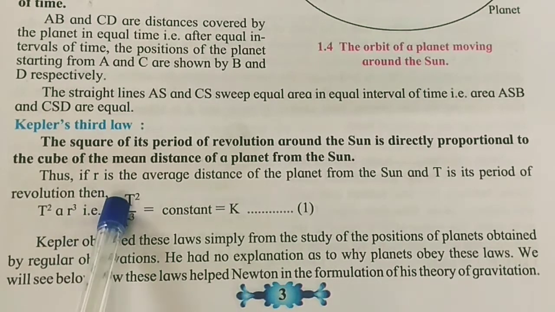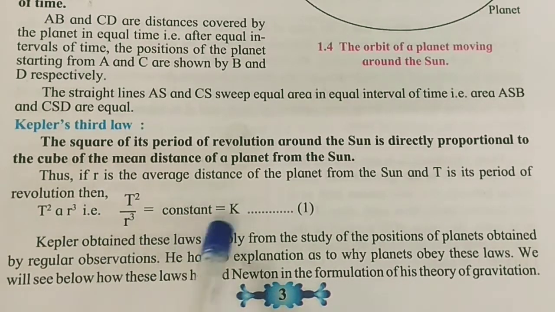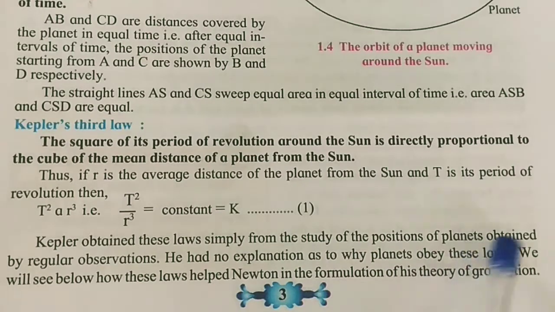That is, T square upon r cube is equal to a constant k. So Kepler obtained these laws simply from the study of the positions of planets obtained by regular observations. He had no explanation as to why planets obey these laws. We will see below how these laws helped Newton in the formulation of his theory of gravitation.